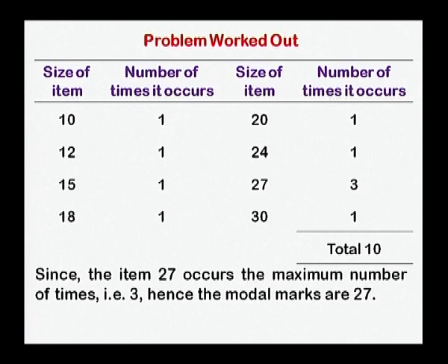Size of item is 10, 12, 15 and 18, and number of items is 1 each, and size of item 21, 24, 1, 27, 3, 31. In this way, we have seen that 27 marks has taken place more frequently as compared to others. Therefore, in this problem 27 is the modal marks as obtained by the 3 students.